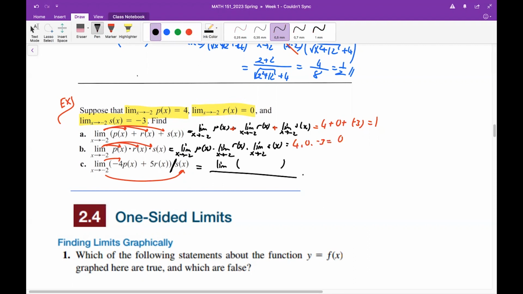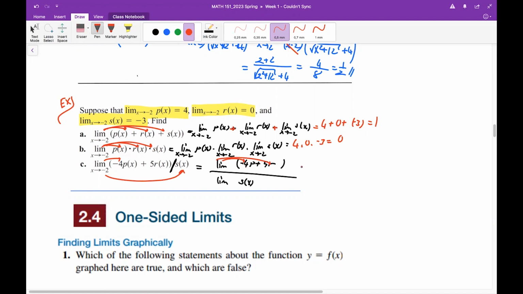Limit of the numerator, limit of the denominator, okay? In the numerator, we have minus 4p plus 5r of x function. By the way, there is also this nice property of limit. After distributing limit, okay, let me do it step by step. Now, for the numerator, you will distribute limit over sum, right?